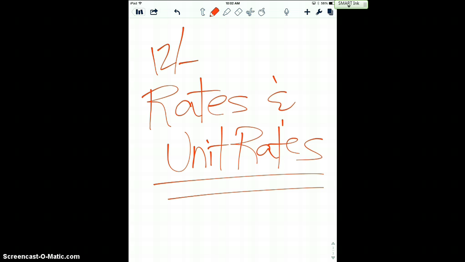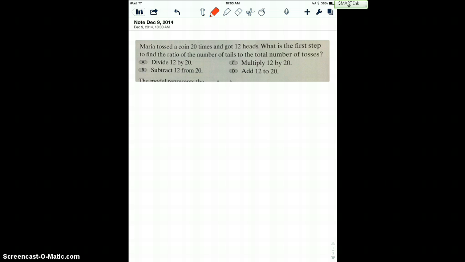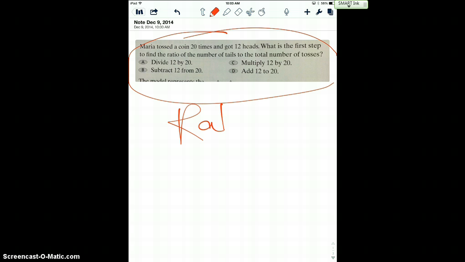All right, so before we even start with rates and unit rates, let's go back to what we worked on in class, which was ratios. So to warm up your brain, without even writing anything down, let's look at this ratio warm-up problem. See what you know here. So we have a person, Maria, tossing a coin. She's tossing the coin 20 times.